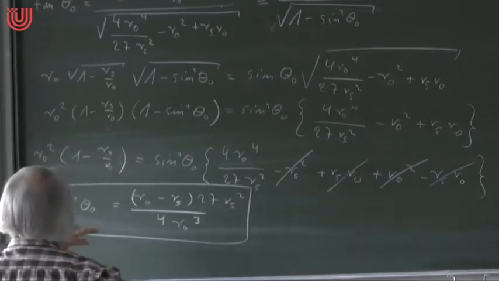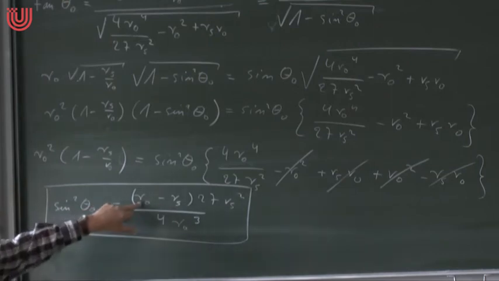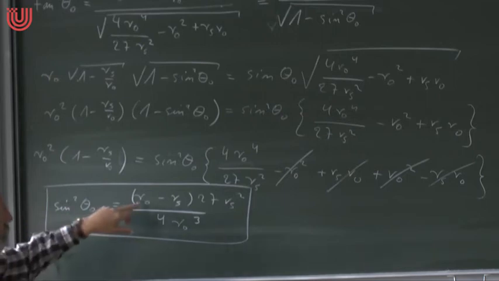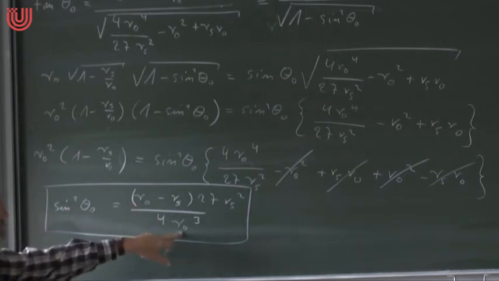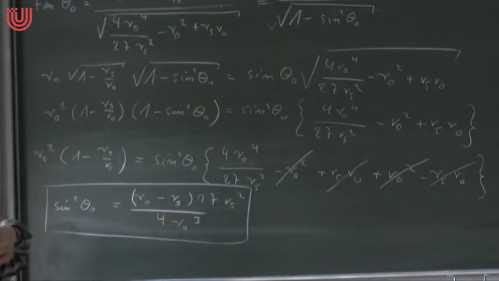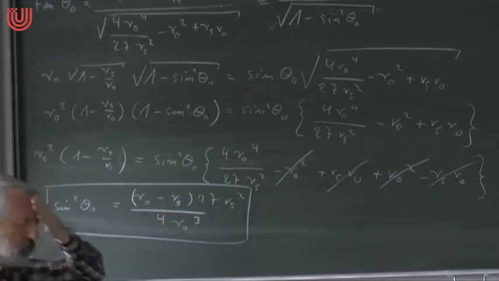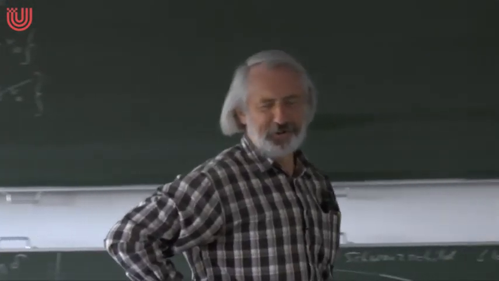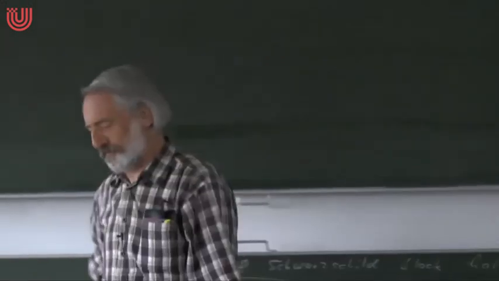Let's check. If the observer goes to infinity, then actually the shadow, the sine should become 0. It goes to infinity. Yes, that's true, because it's a higher power. Oh yes, of course. The sine of pi is also 0.